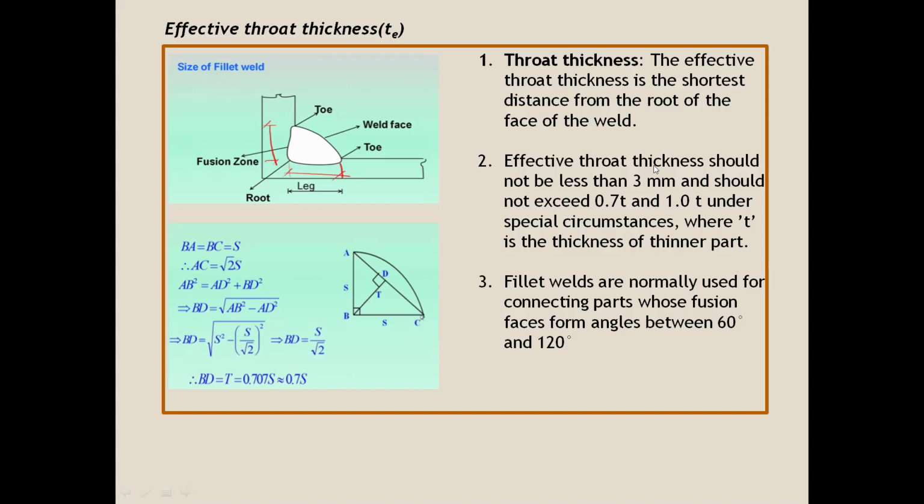Effective throat thickness should not be less than 3 mm, and should not exceed 0.70 T and 1.0 T under special circumstances, where T is the thickness of the thinner part.